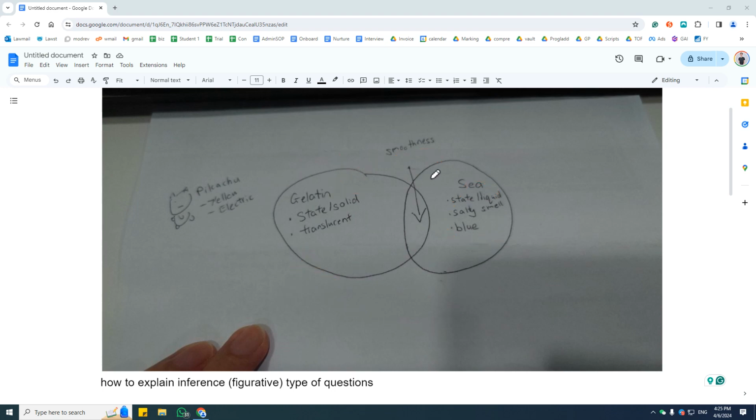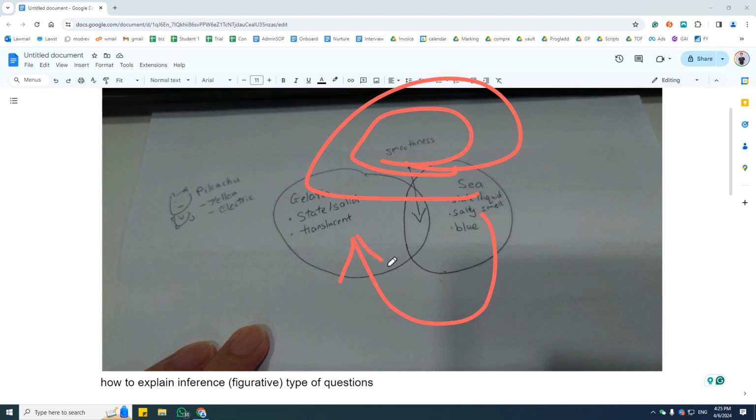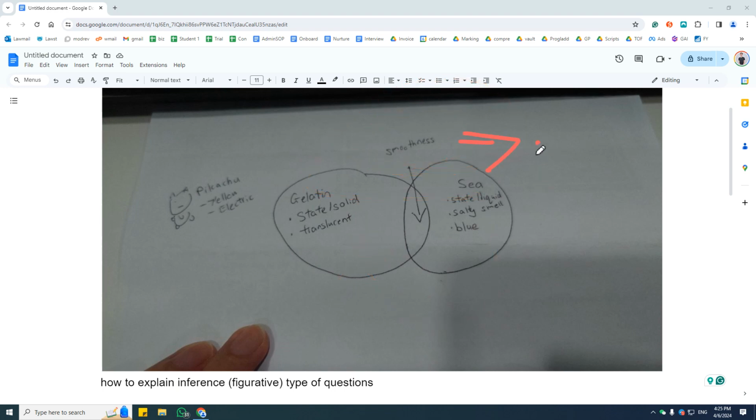But the smoothness of it could overlap. That's why the answer for the passage was the smoothness. They compare the sea to a gelatin-like substance to describe how smooth the surface of the ocean was, hinting that there are no waves, therefore it was not a windy day. So that's how you answer the question.